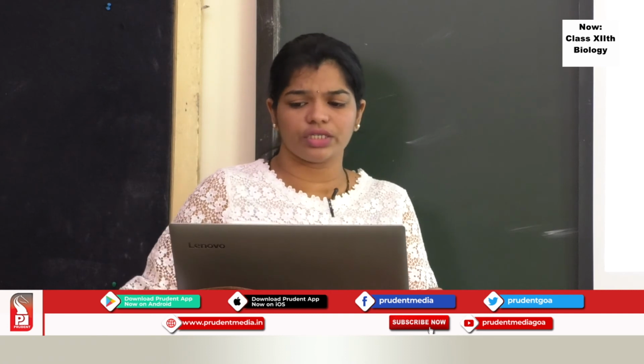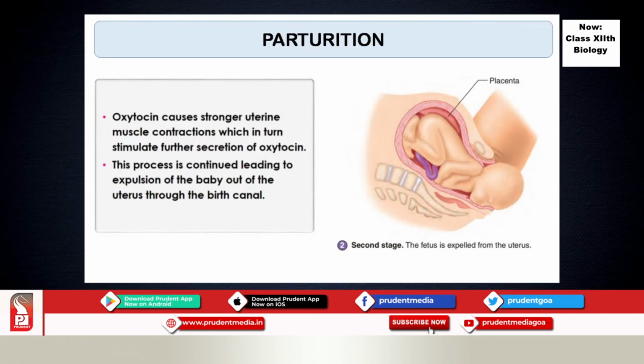The second stage is the fetus is expelled from the uterus. And how does this happen? The oxytocin which is now released is causing a stronger uterine muscle contraction, which in turn stimulates the further secretion of oxytocin. So, vigorous contraction of the uterus takes place and the fetus is expelled out.